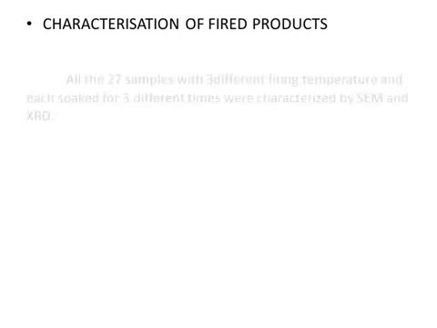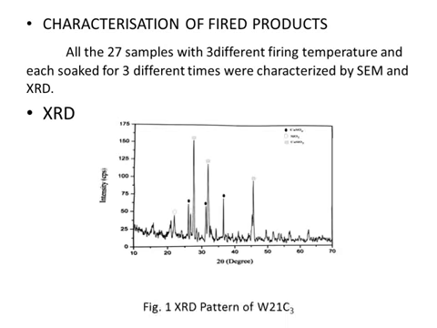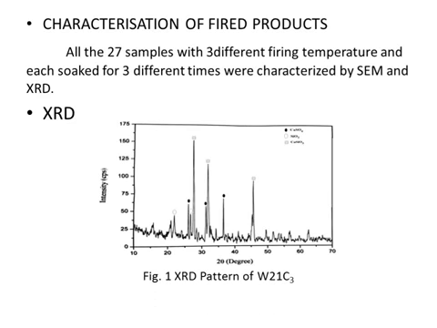Characterization of fired products. All the 27 samples, with 3 different firing temperatures and each soaked for 3 different times, were characterized by SEM and XRD. XRD. This is the XRD pattern of the wollastonite sample with 2:1 ratio of plaster of Paris and quartz fired at 1350 degrees Celsius and soaked for 3 hours.